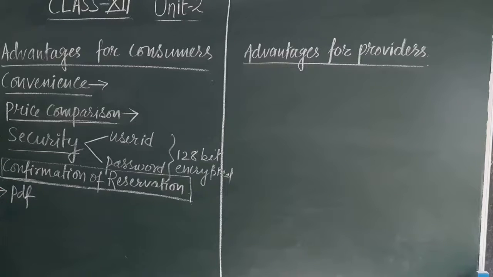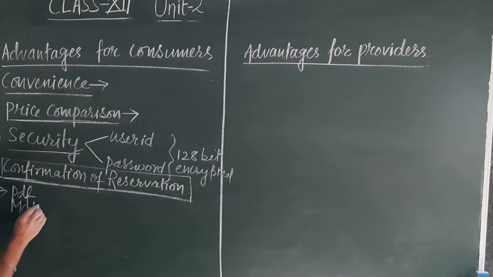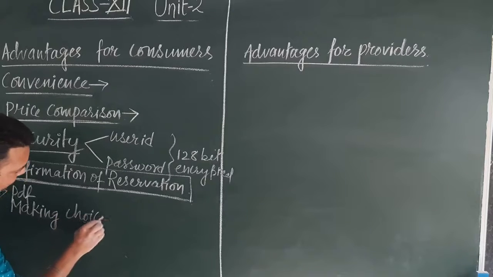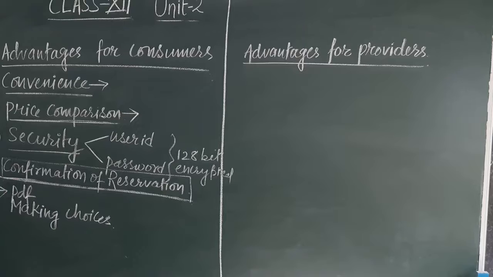Then the fifth one is, see, in case of online reservation system, choices can also be made by the consumer while availing the service.